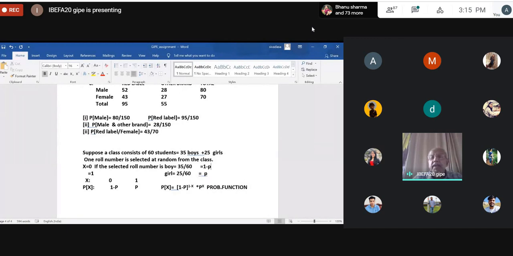Any probability evaluation technique, you can write in a function form. Whichever may be the area, binomial probability distribution you are going to study, normal probability distribution, chi-square distribution, everywhere you are going to learn probability distribution.